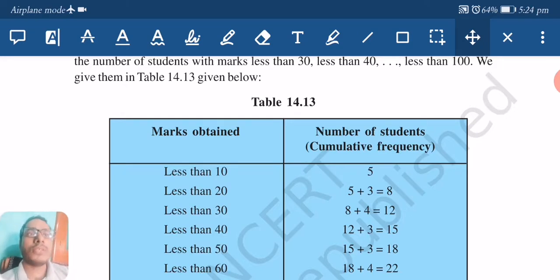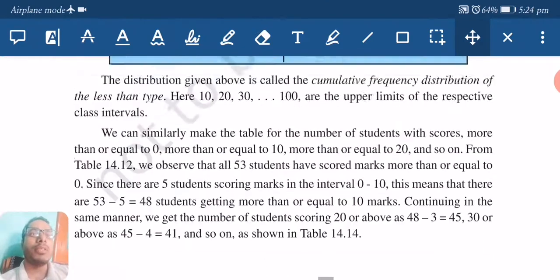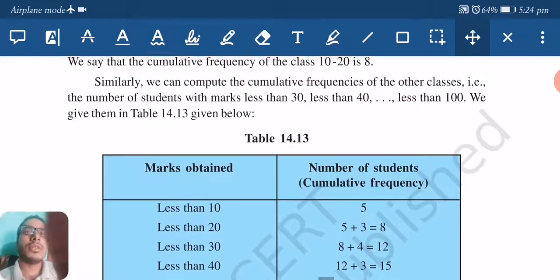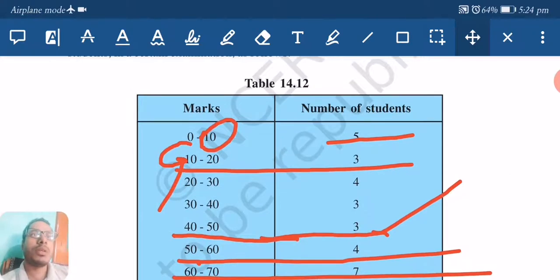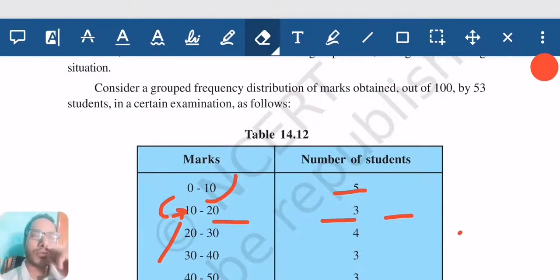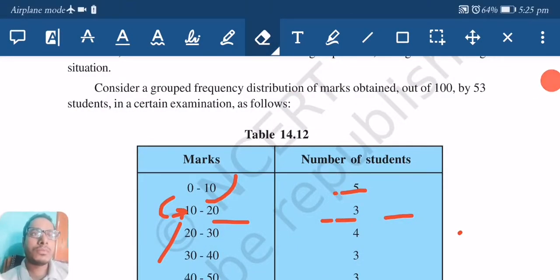Now to get the cumulative frequency, I'll show you the next table so that things are clearer.